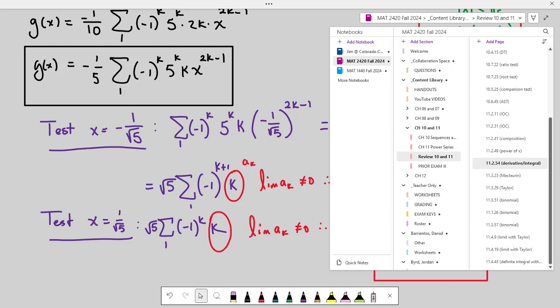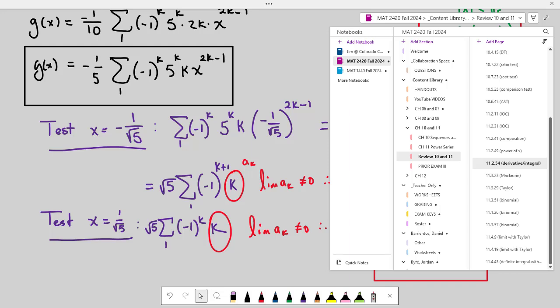All right, let's go to a binomial. Wait, when you say the endpoints, you mean whether it's included or not, or are you talking about the interval? When you multiply by a constant or by a power of x, the interval doesn't change at all, including whether you include or exclude the endpoints.